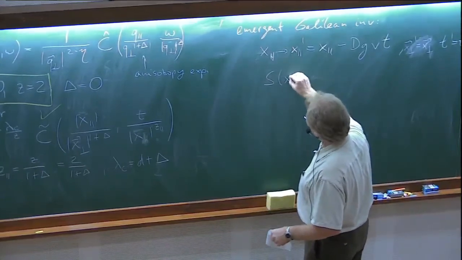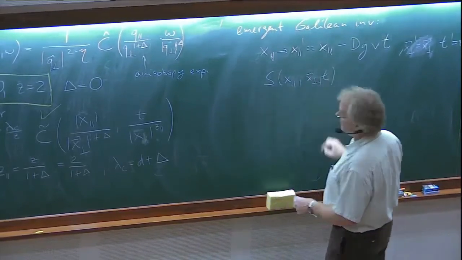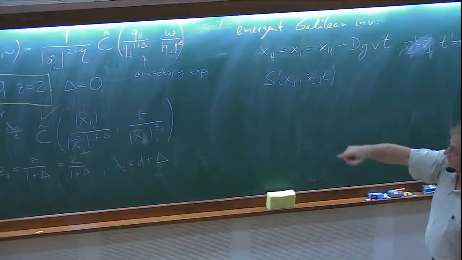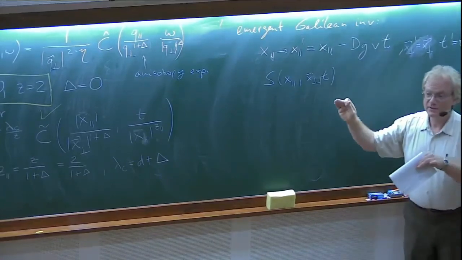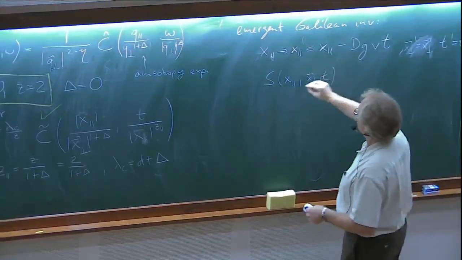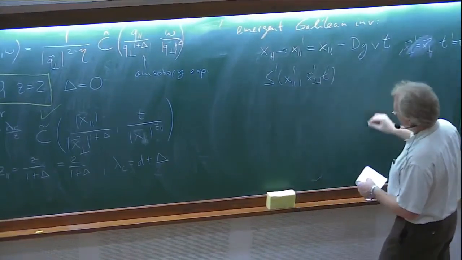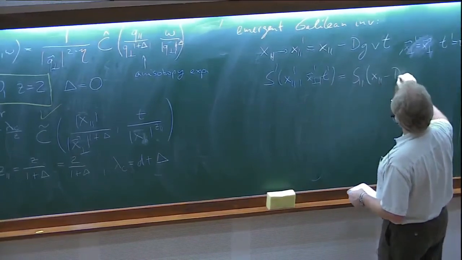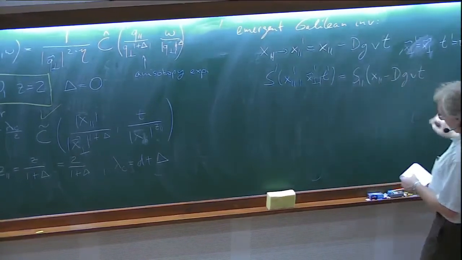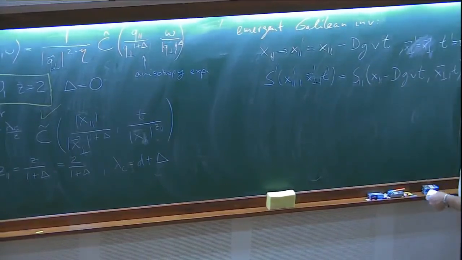What that means in terms of the fields, though, I need to change the fields. Because under this Galilean transformation, I'm just going to pick up my overall co-moving speed. And so the S prime, this function of all these things primed, is going to be S of X parallel minus DG X perp T, and I need to subtract this overall velocity.